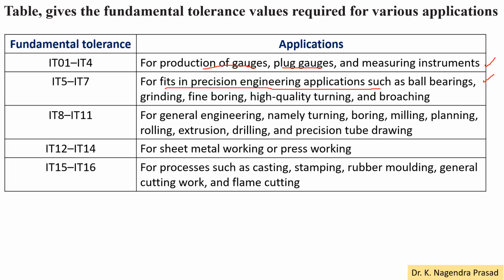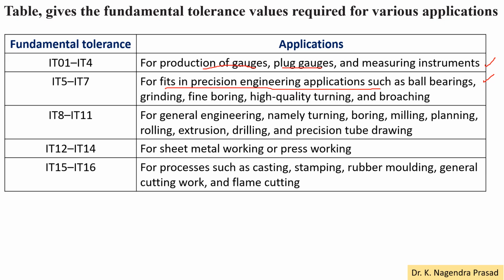And IT8 to IT11 is for general engineering, that is turning, boring, milling, planing, rolling, extrusion, drilling and precision tube drawing applications. Moreover, IT12 to IT14 is for sheet metal working or press working applications.